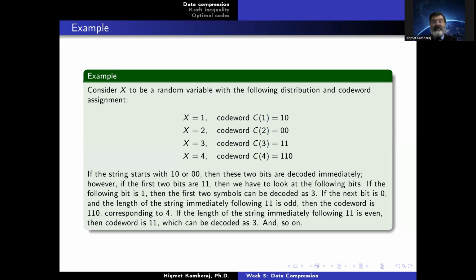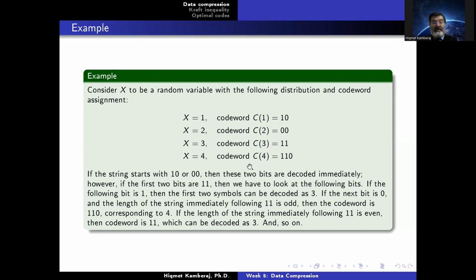Consider X to be a random variable with the following distribution and code word assignment. X equal to 1 has code word C of 1 equal to 1, 0. X equal to 2 has code word C of 2 equal to 0, 0. X equal to 3 has code word C of 3 equal to 1, 1. And X equal to 4 has code word C of 4 equal to 1, 1, 0.